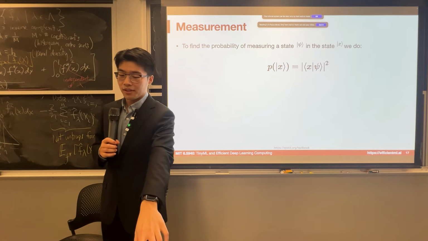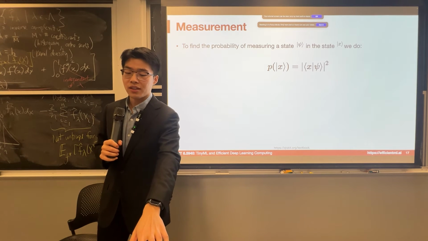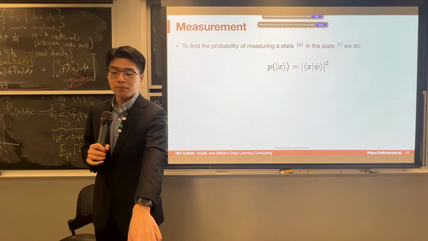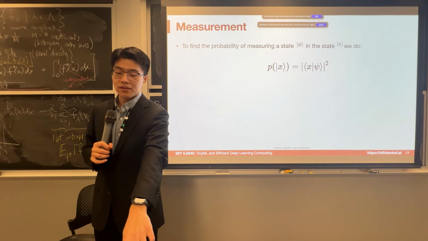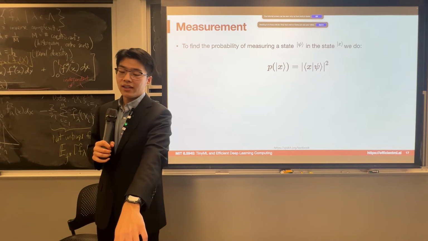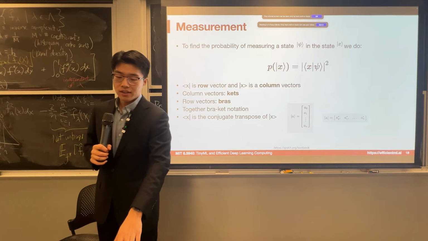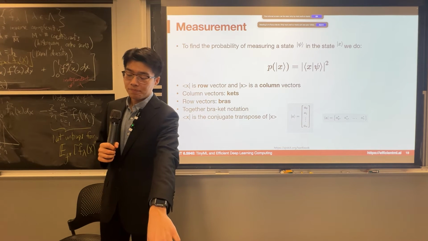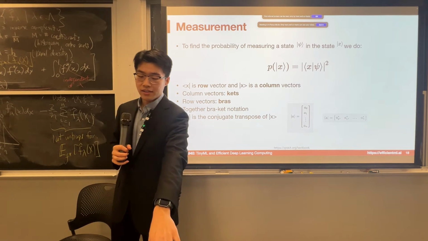So for example, when we want to measure a state in a prepared state phi, we can perform this computation: P(x) equals the square of the magnitude of the bracket x phi. Here the x is the row vector, and the phi ket is a column vector.